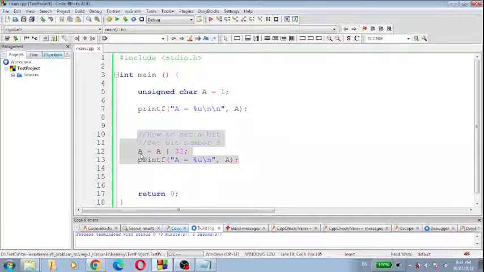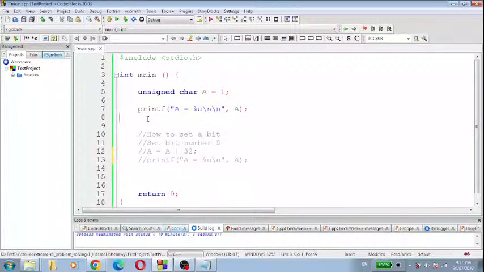I'm not going to use this, but let me print something like 1 shifted by 5. What is this about?